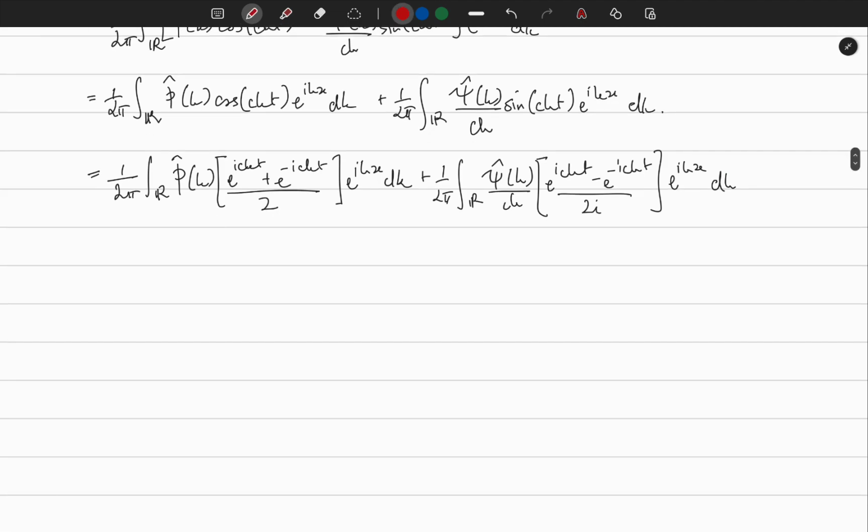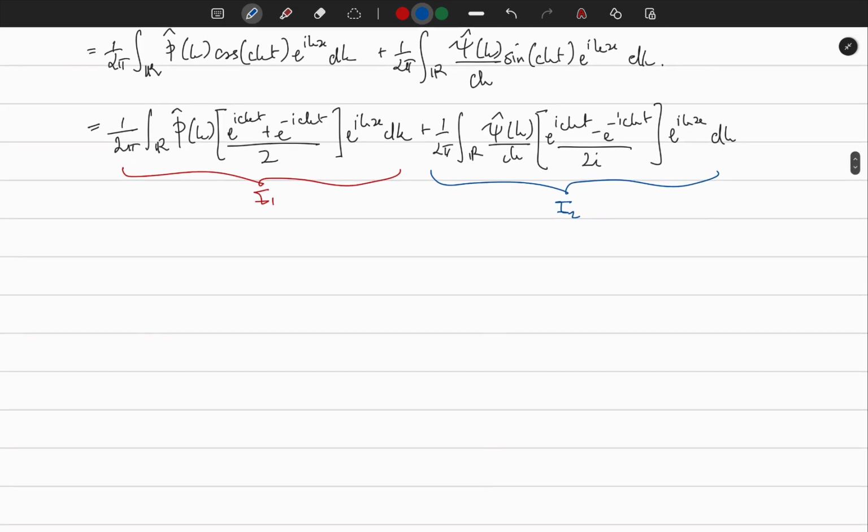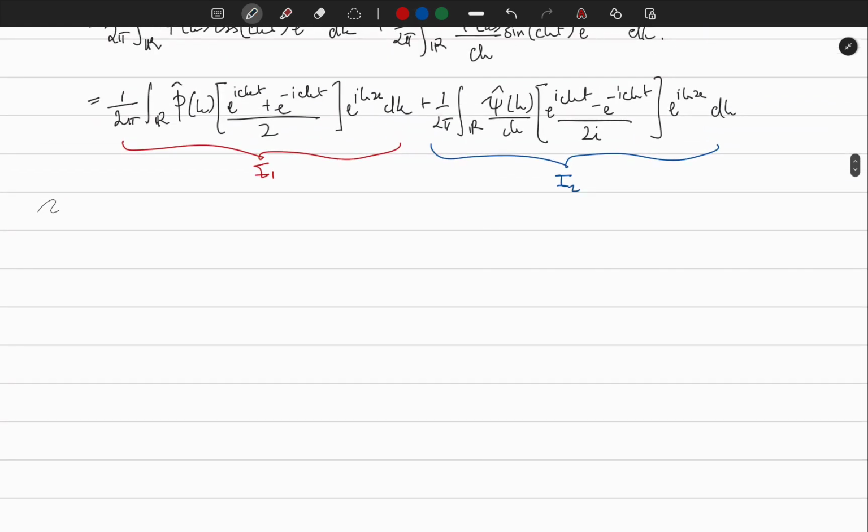Now from this point on, why don't we just call this first integral I1 and this second integral I2, and have it that the solution of the original problem star is simply just I1 plus I2.